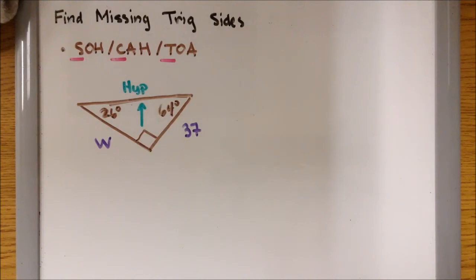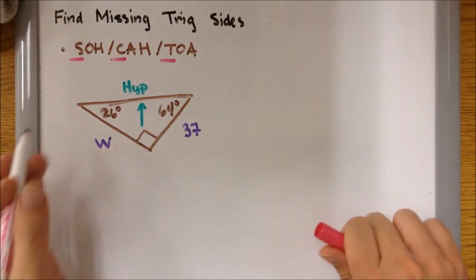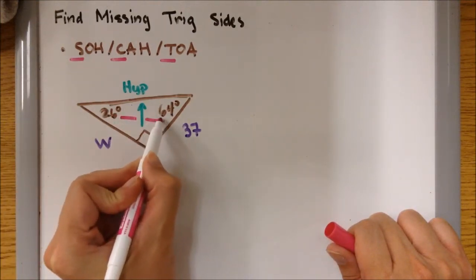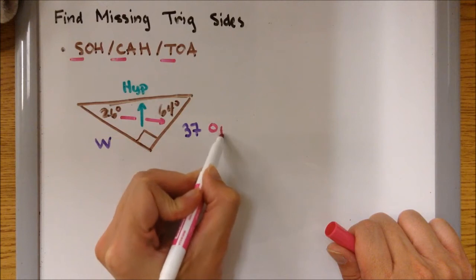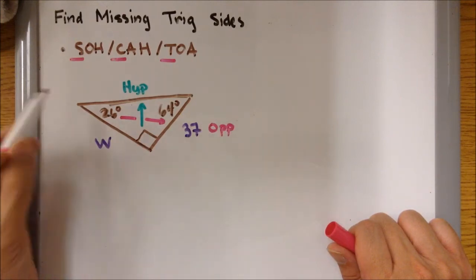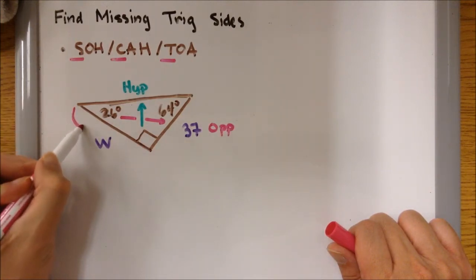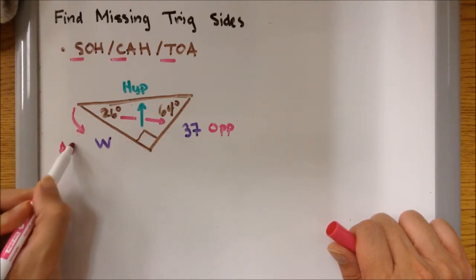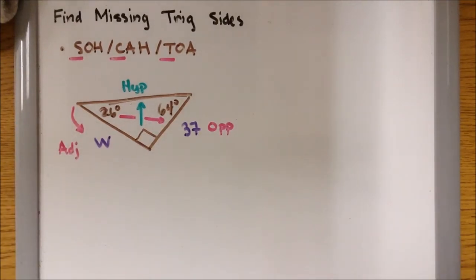So if I were to do the 26, the side that's across from the 26 is opposite, and the side that's next to it is adjacent. So that's if I choose to use the 26.